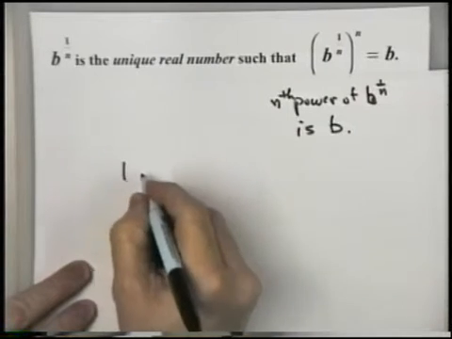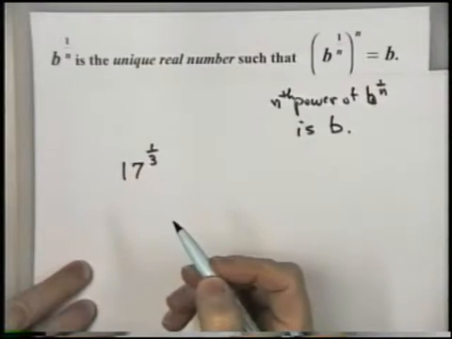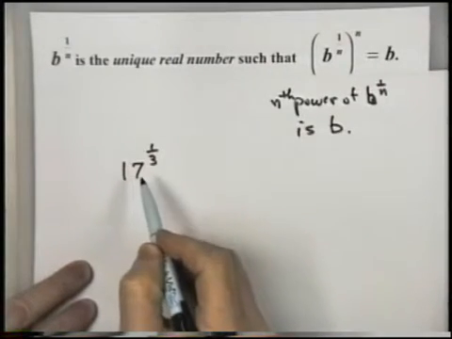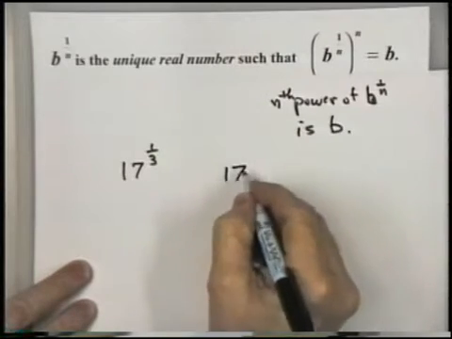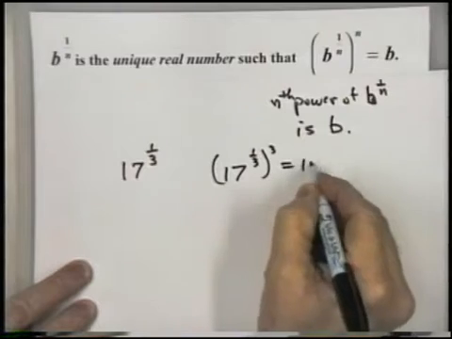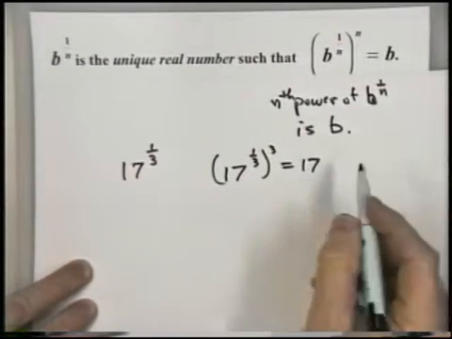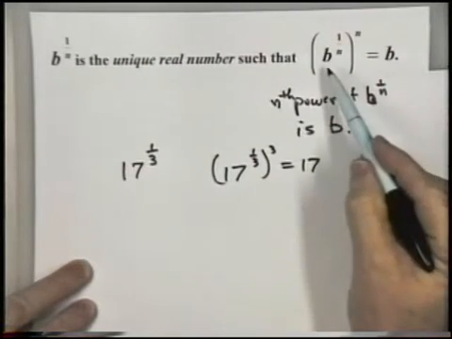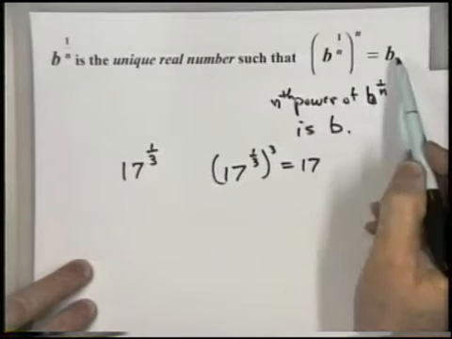And we just saw an example of what we're saying here. 17 to the 1/3 is going to be the unique real number such that the third power of that number gives me the base, in this case, 17. Isn't that what it's saying? That the nth power of this will give you the base.